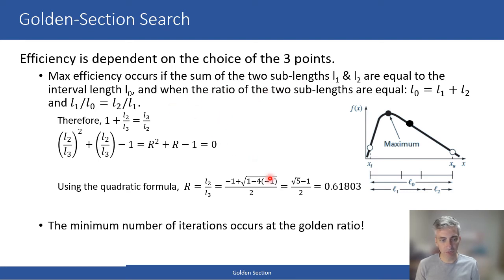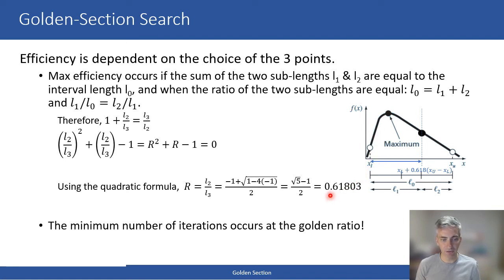And if you go through the maths, we find out that the distance between XL and the new point should be 61.8% of L0, the interval length. So in other words, we should split our search space at this point here, and then we'll have an efficiency enhancement. This will mean that we can have a smaller number of iterations to find the peak within some specific accuracy.